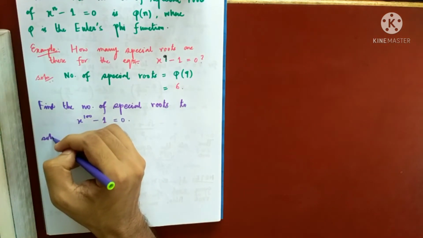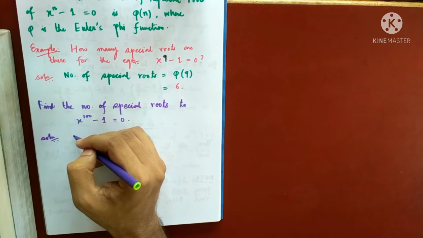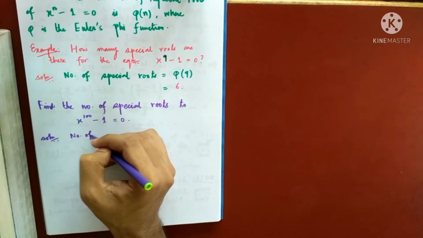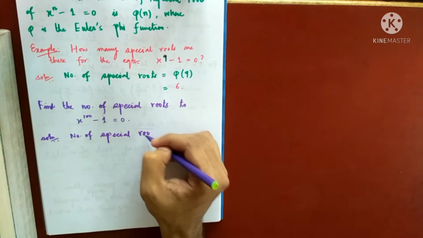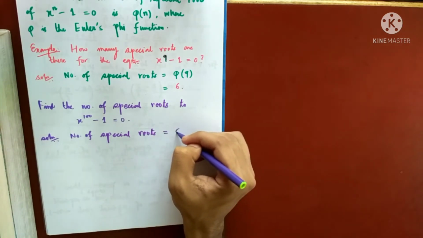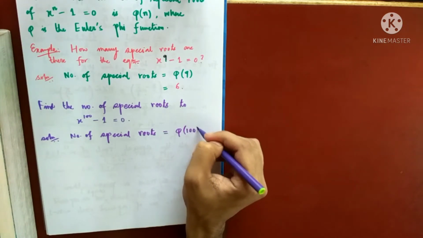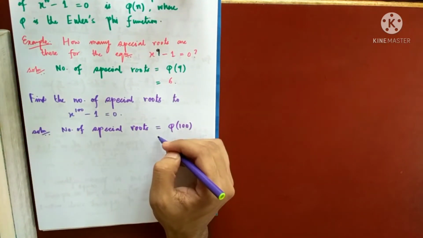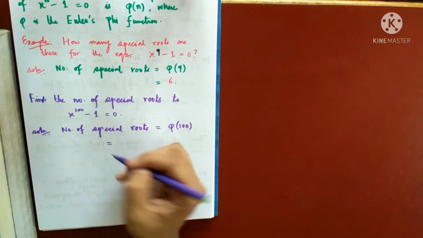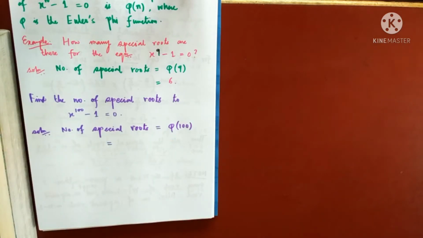The answer is very simple. The number of special roots equals phi of 100. Now the idea is how to find phi of 100. If you do it manually, it will take a lot of time. So if you know about this phi function, you can answer this question.